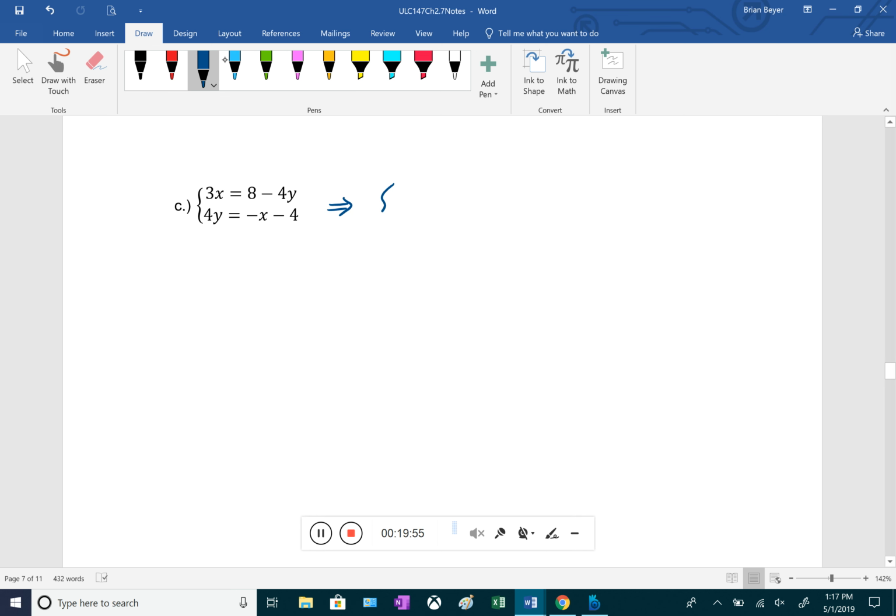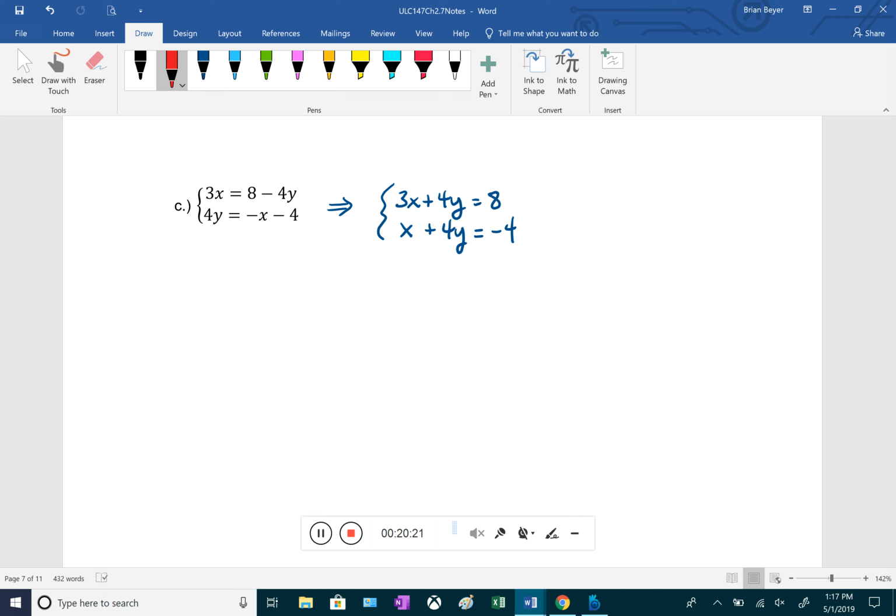So we need to get this y on the left-hand side and this x on the left-hand side. So we're going to add 4y to the left. So 3x plus 4y equals 8. And then for the bottom one, we have to add x to the left. So we get positive x plus 4y equals negative 4. So just rewriting it to get it in the proper form.